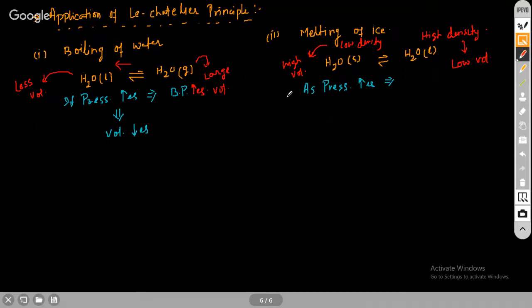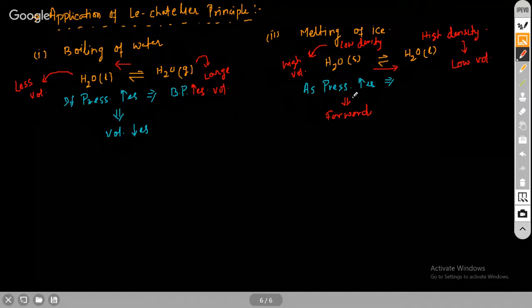Volume of ice is greater than volume of water, so high volume. Now again we are increasing the pressure. So the reaction should go in the direction where the volume is low. So this will go towards the forward direction. Under this condition, the reaction moves in the forward direction, right?